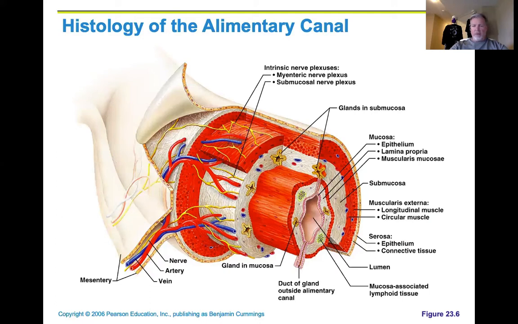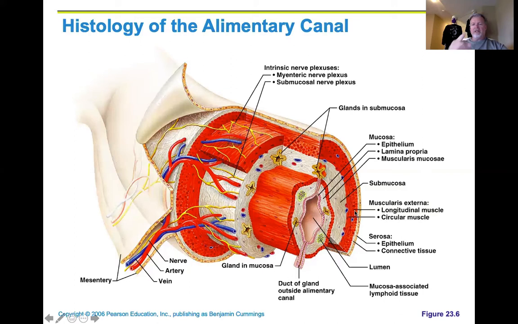Next layer out, we have the muscularis. Now, the muscularis is the one that's responsible for segmentation and peristalsis. So we'll spend more time on the muscularis because, from my picture down here, we have a couple layers. We've got a longitudinal layer and we have a circular layer.